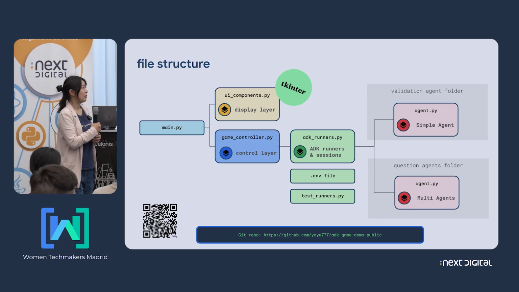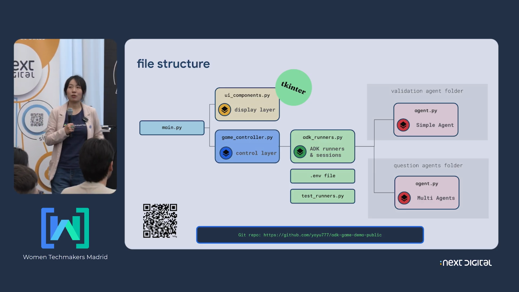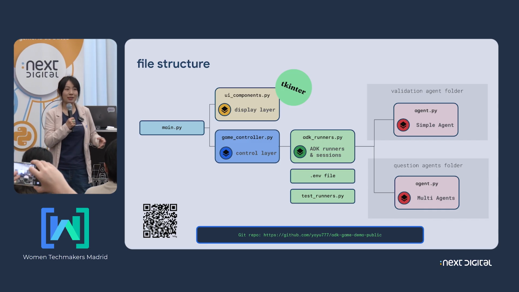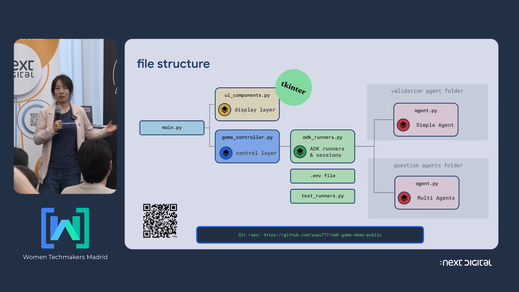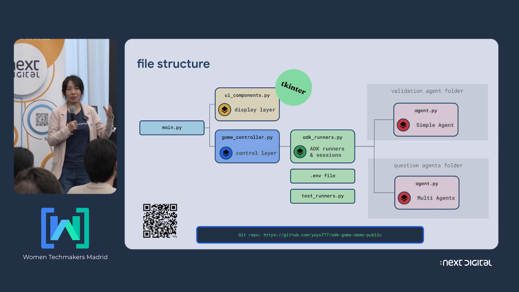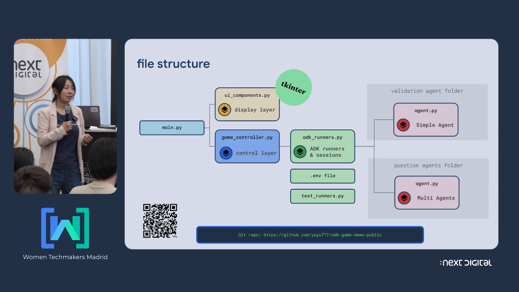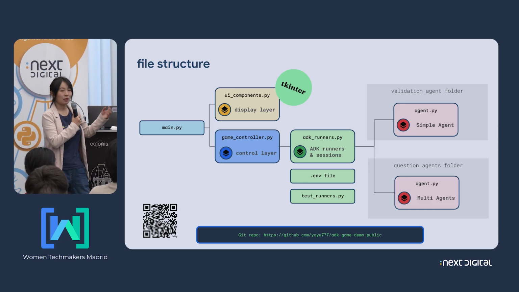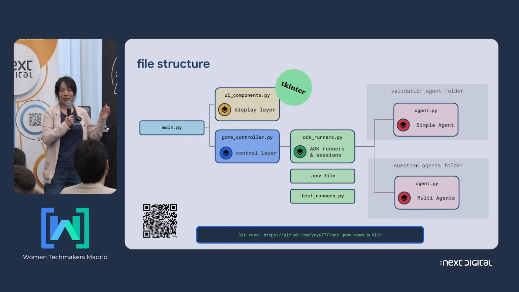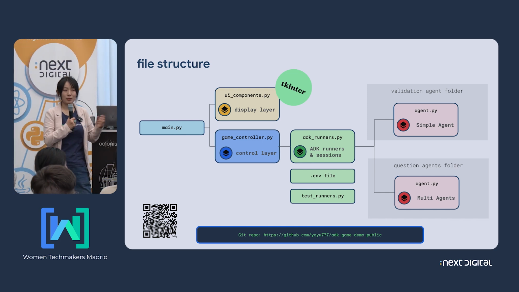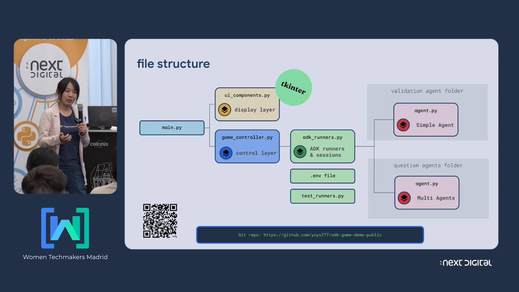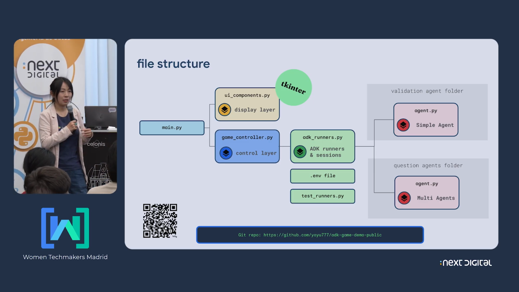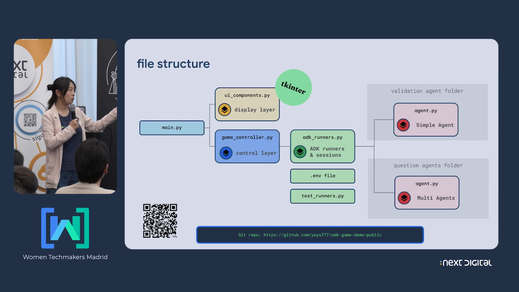While graphically it's not amazing, it does have all the elements that make a game. We have the display layer, which, if you use Unity or Unreal, is the graphics engine that comes with a game engine. And we have a control layer, like in classic game development, which supports mouse, keyboard or controller interaction and the UI.